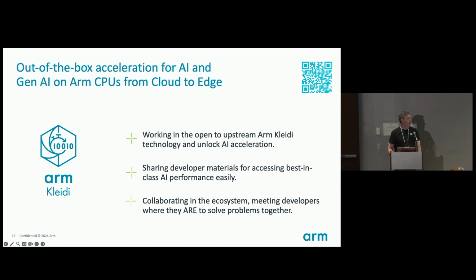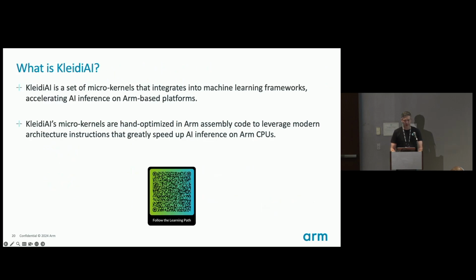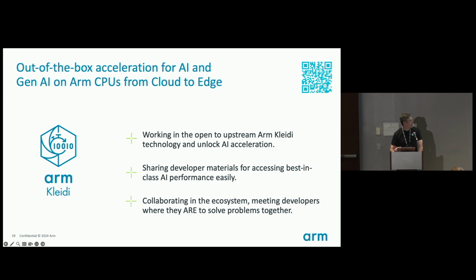Our newest contribution to this is called Kleidi. Kleidi is a set of accelerated libraries for machine learning and AI use cases. We are working with upstream projects to define how this library looks and what operations it does, so that it is providing them exactly what they want to get from us.